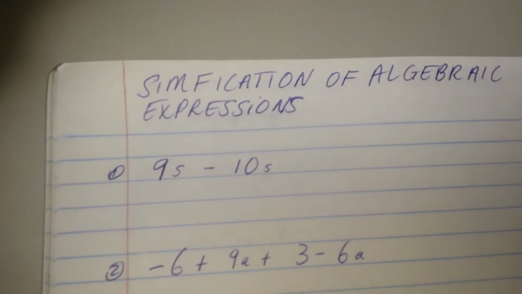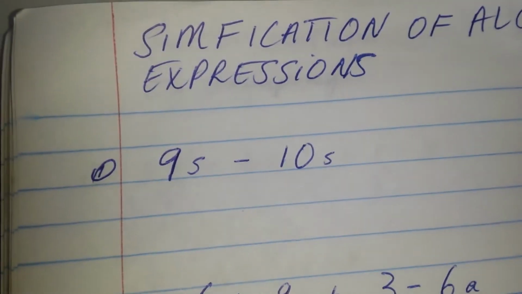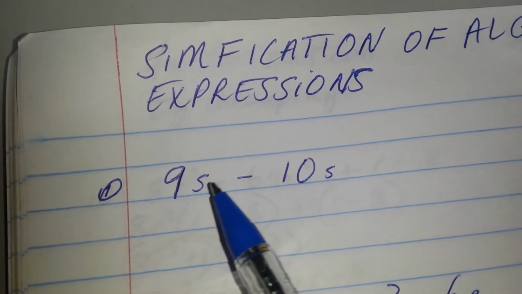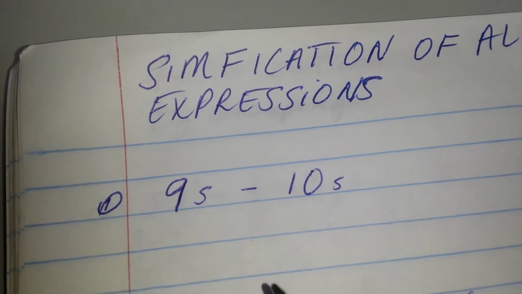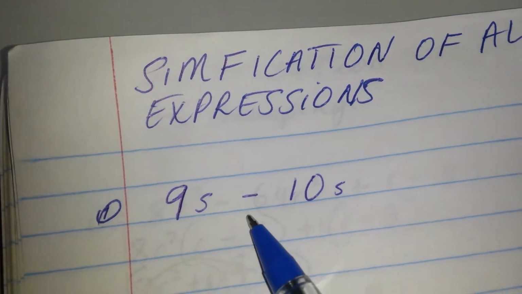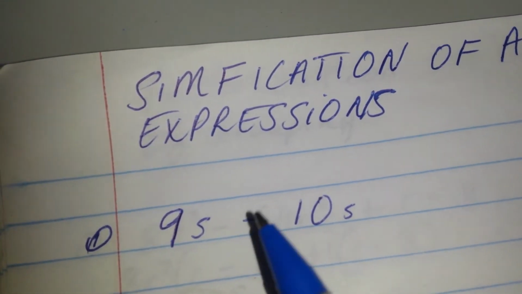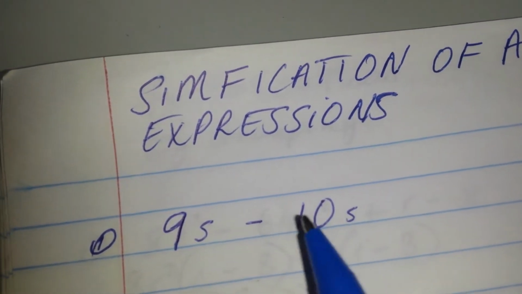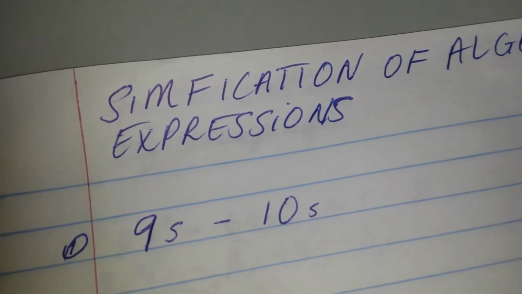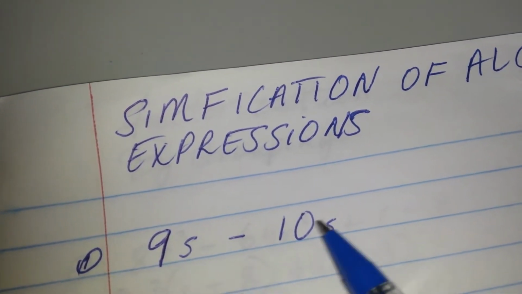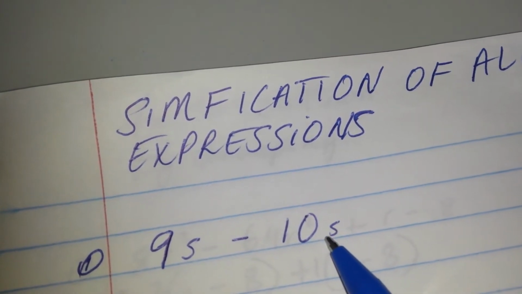So we start from the simplest. This is the simplest way they could bring it, okay? As we could see, these are like terms, so they can be simplified or subtracted in this case, right? Now when you're adding or subtracting the terms, if it's 2 terms or 3 terms or 4 terms, whatever, all the terms need to have the same variable, right?